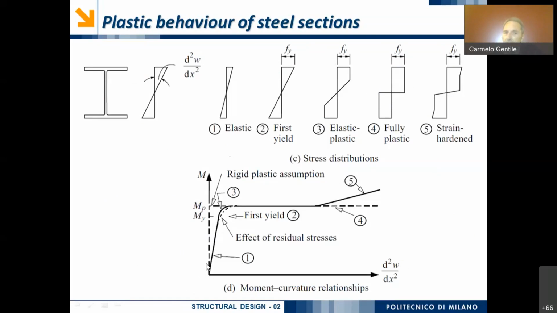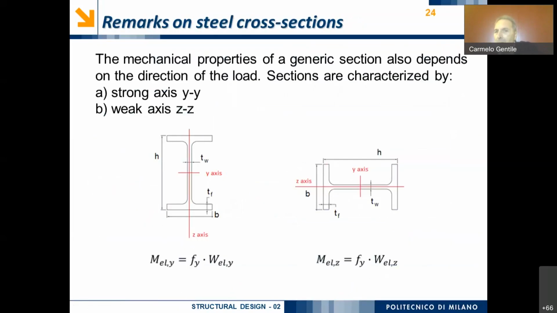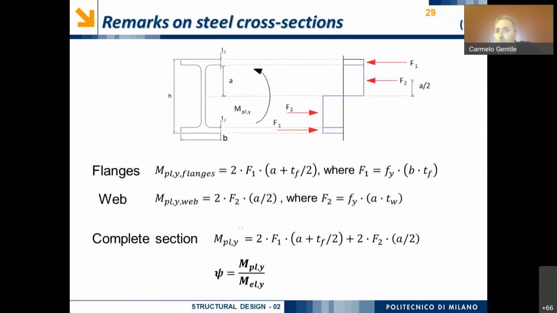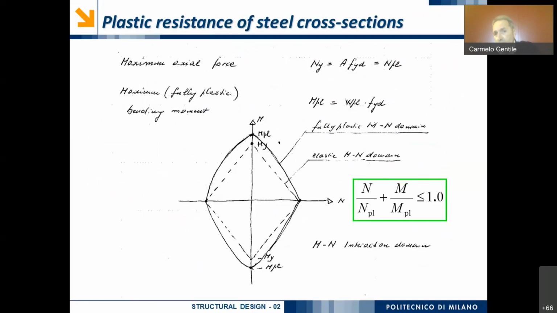We observe that in this kind of behavior, there is the possibility of reaching the fully plastic moment. But after we have reached the fully plastic moment, there is a further capacity of rotation. But if there is local buckling, there is no more capacity of rotation.